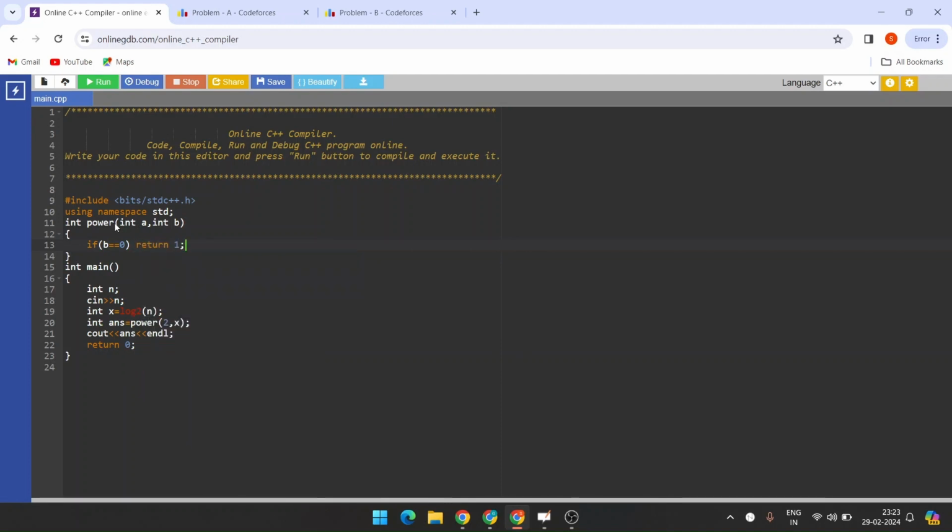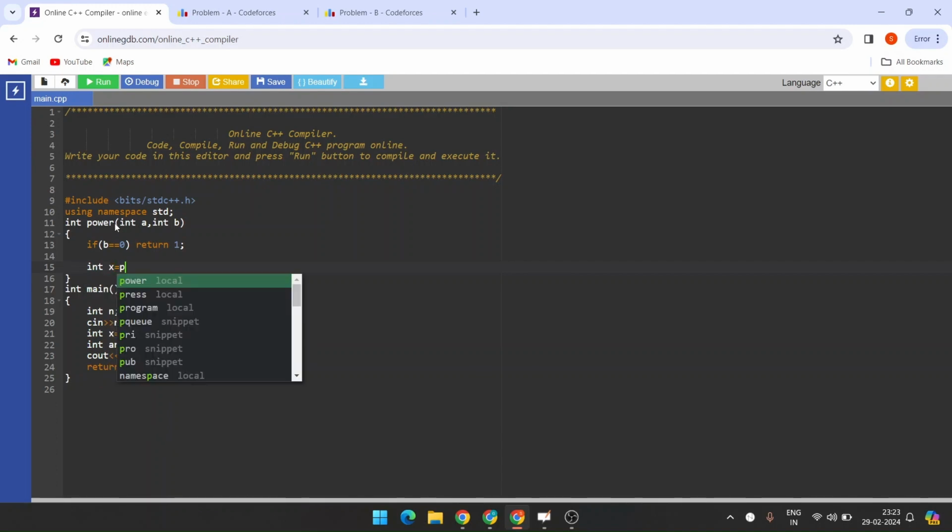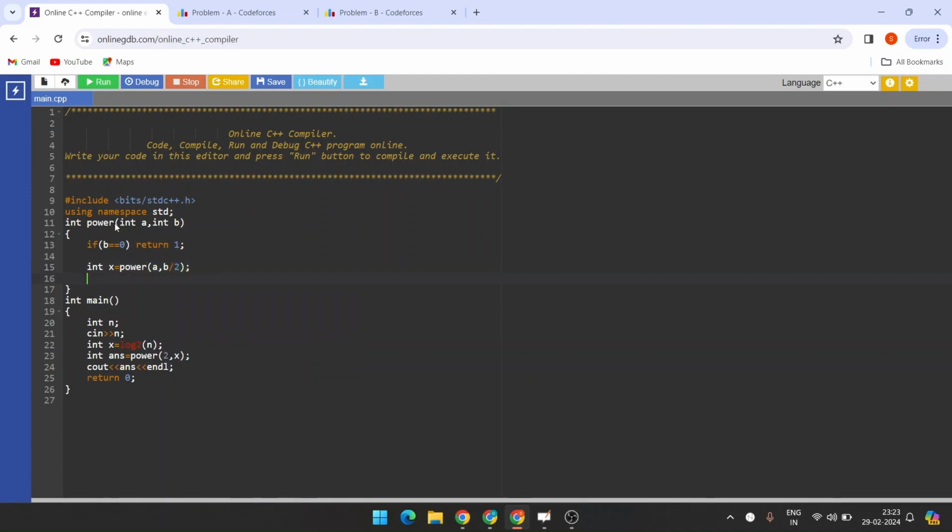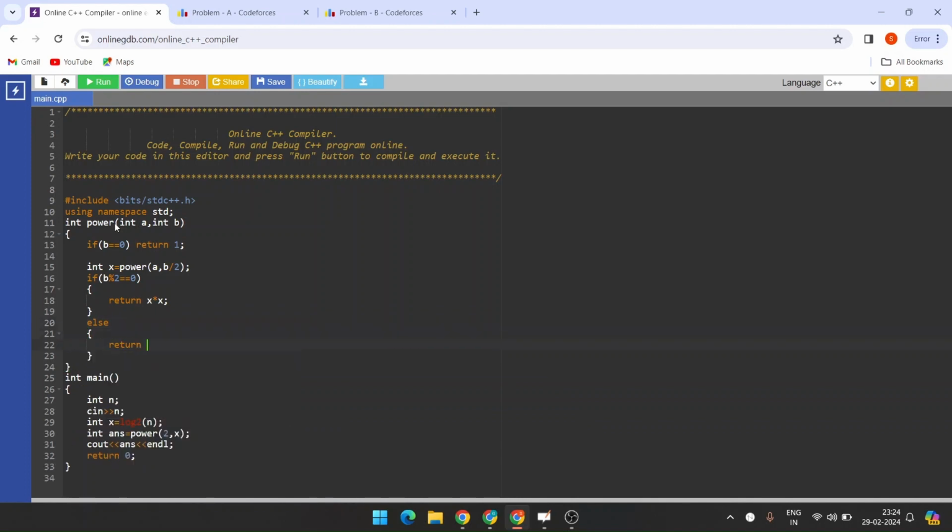And let's say x is equal to power of a comma b by 2. If b is even, we return x into x, else we return x into x into a. So this is just a binary exponentiation function.